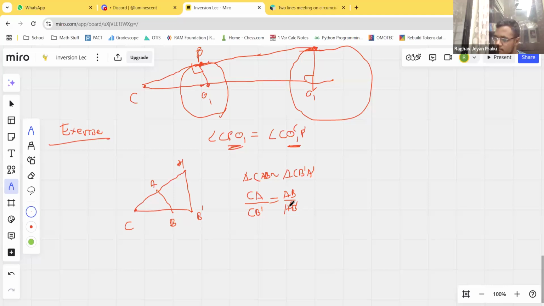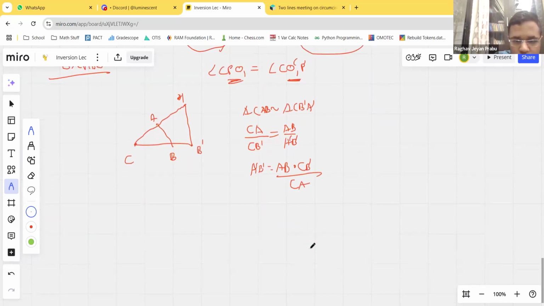Why does this happen? Good. So we now have A dash B dash equal to AB times CB dash by CA. Okay. So let's see what we can do with this expression. I'll multiply the numerator and denominator by CB.